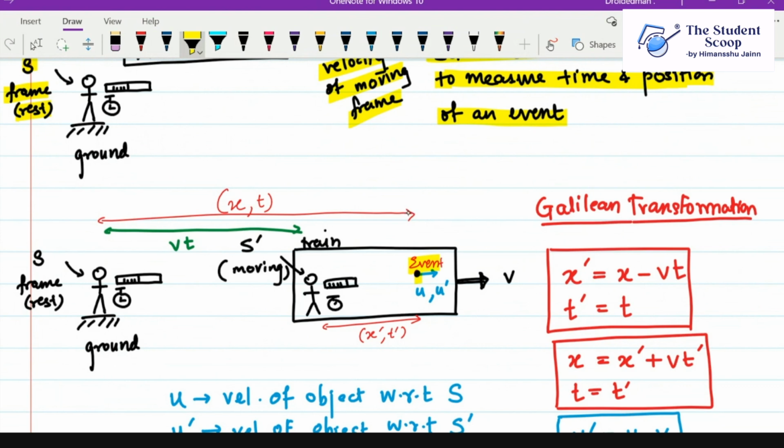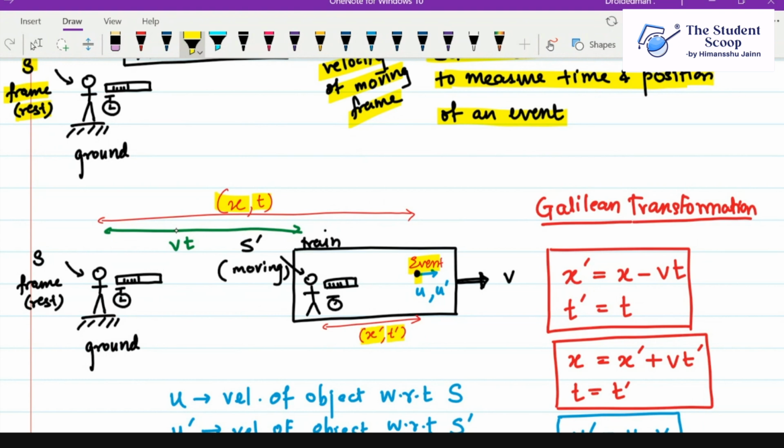We are going to stick with only one-dimensional motion in this chapter, so just consider a simple linear motion. The person in the train, with his scale, measures the position of the event as x dash and the time as t dash. Similarly, the person on the ground measures x and t as the position and time of the event.